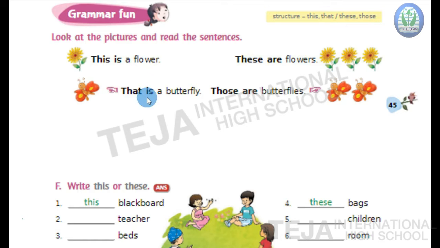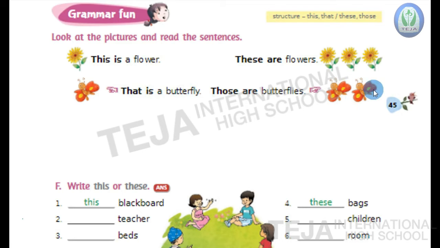Next, that. When we point out a thing which is far off from us, then we will use that. And that we use only for one item. If more than one item is there, then we use those. Here only one butterfly is there, so we are using the word that. That is a butterfly.